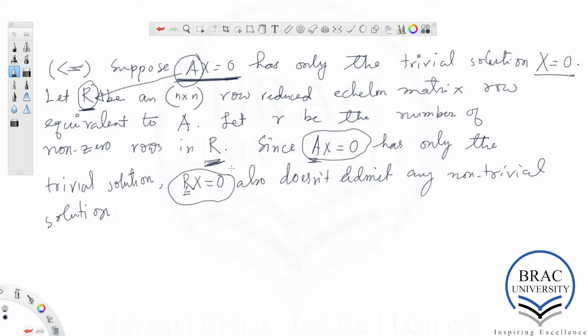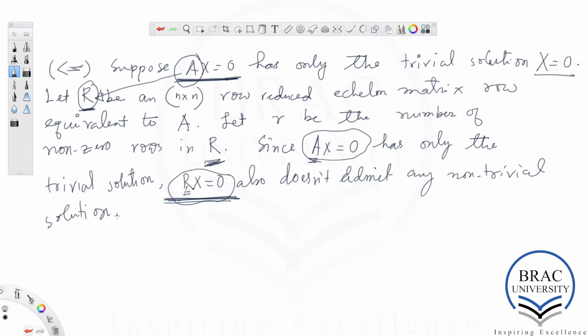So they will have the same set of solutions, and since Ax equal to 0 has only the trivial solution, Rx is equal to 0 will also have the trivial solution only.